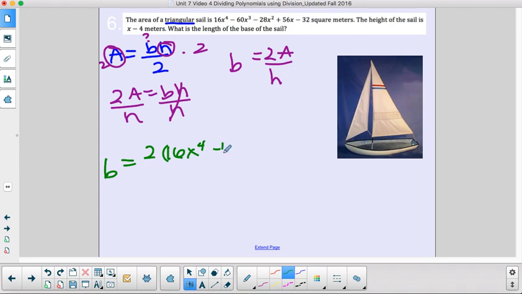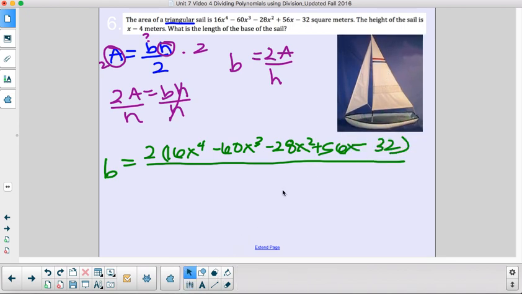So I'm writing out my area equation, all over the height, which is x minus 4. So I'm going to go ahead and distribute that 2.